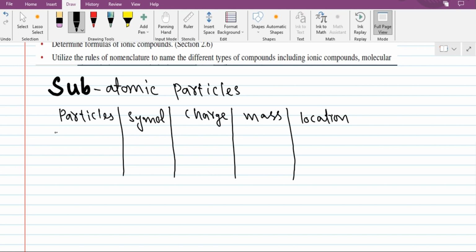No need to worry about all these being present. I'm just going to discuss these headings and then I will directly show it to you from your AP book and refer to the page number as well.